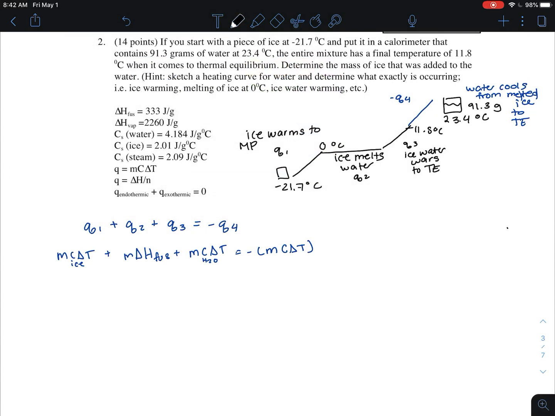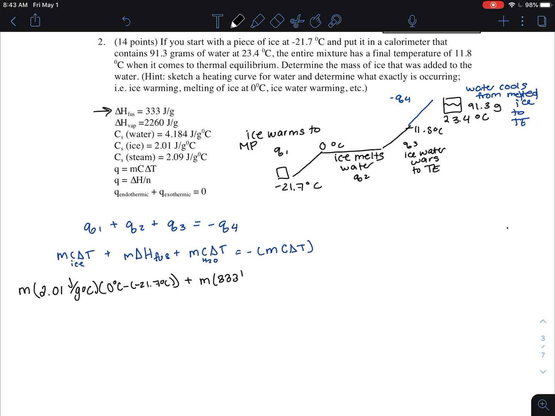Now that you have your process, you would just plug your numbers in, knowing that you don't know the mass. I would leave my mass as M and then multiply it by my specific heat of ice, 2.01 joules per gram degrees Celsius, times my temperature change. Now, I'm going from negative 21.7 to 0. So that means I have 0 minus negative 21.7.